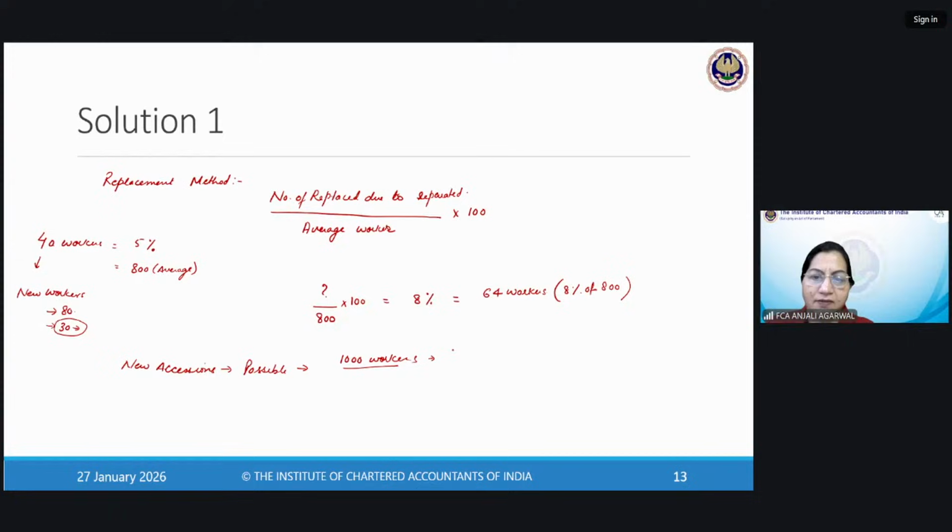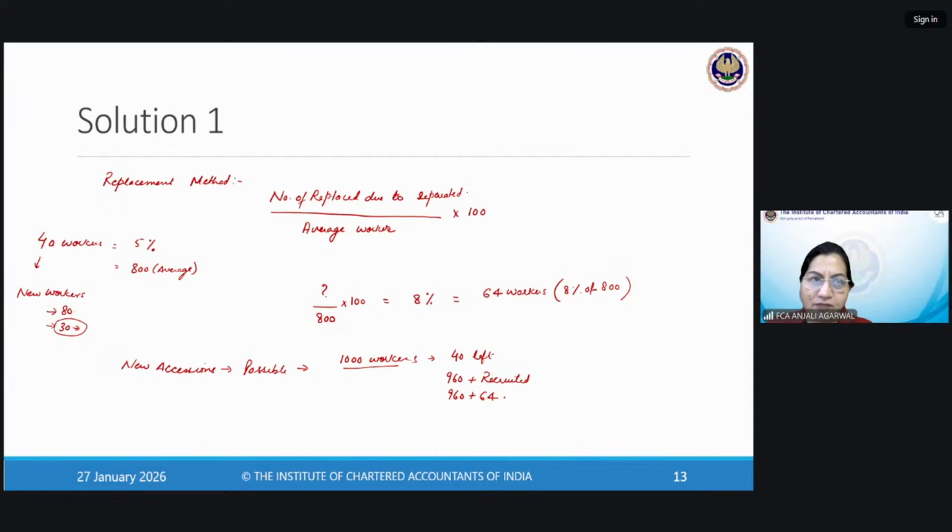And let's say 40 workers left the organization. So you have 1,000 minus 40, 960. Then you recruited some new workers. So you recruited 64 workers in place of those who have left. So out of these 40 who have left, we have 64 workers replacing them.